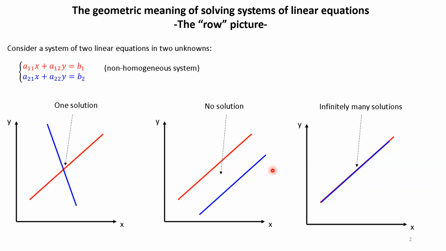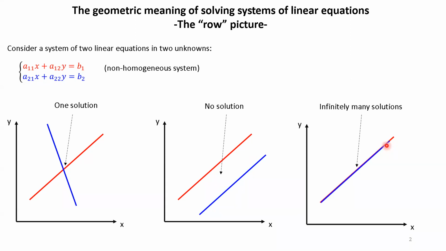There's actually a third possibility: again I have two lines parallel to each other, but they also overlap with each other. They just lie on top of each other. That means you have infinitely many intersection points.